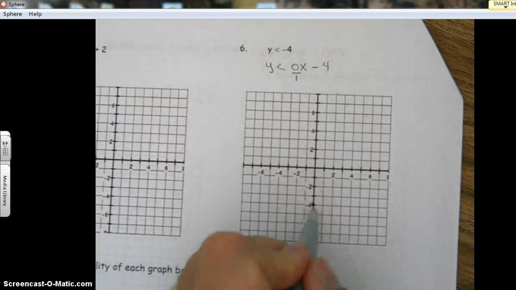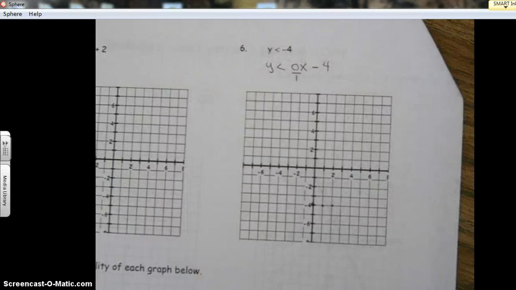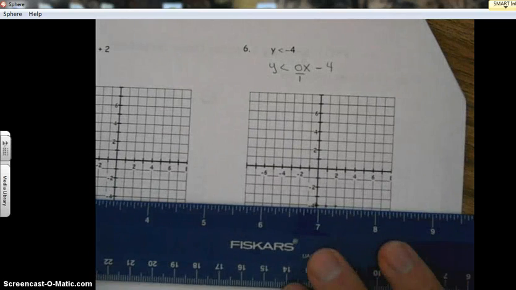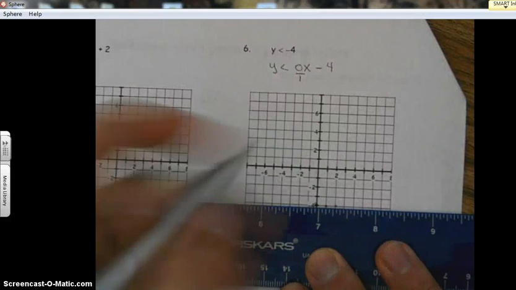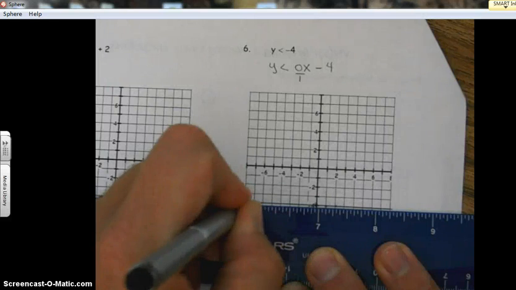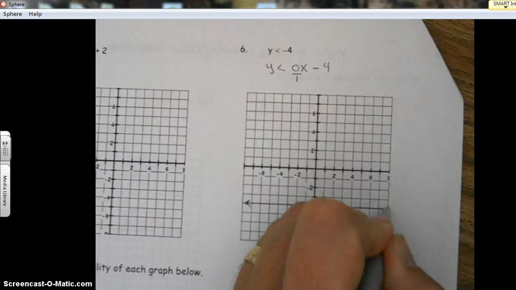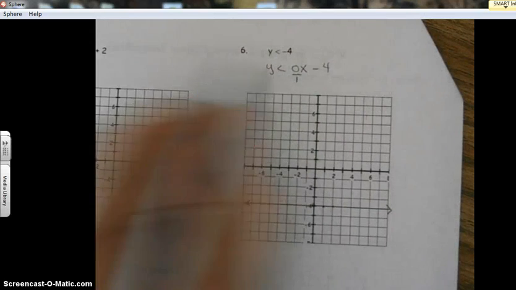And so from our y-intercept we'd rise 0, run 1. Hopefully you guys know that a flat line has a 0 slope. Remember that vertical lines have an undefined slope. And it's less than, so we shade below.